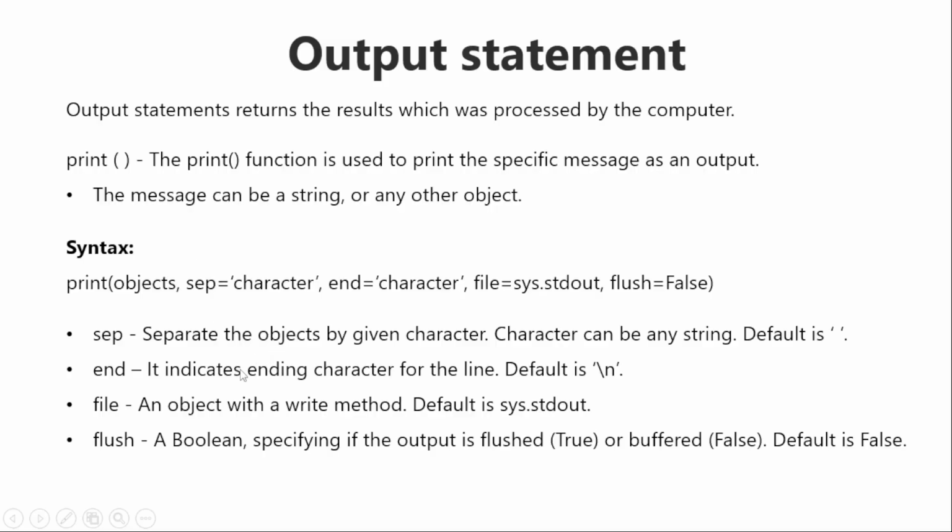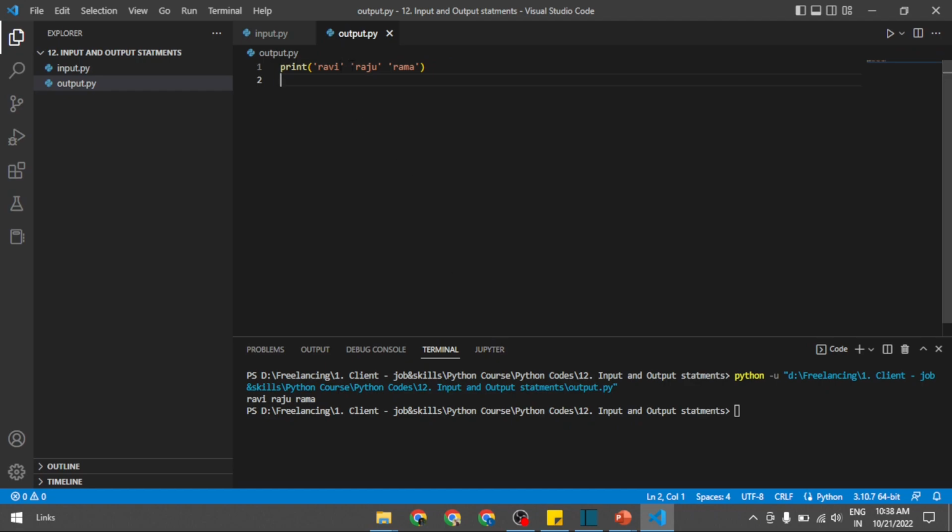Now let us begin with our first argument, which is known as separator. The separator is used to separate the objects by a given character. Now let us print this again with the help of commas.